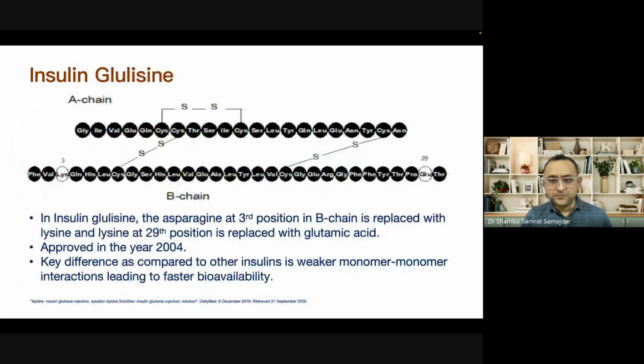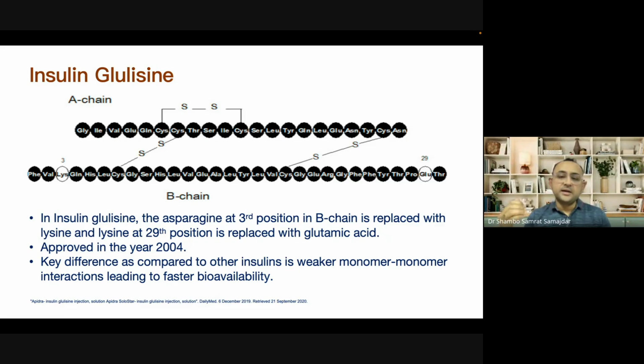It is safe during pregnancy. Coming to glulisine, the asparagine in the third position in the beta chain is replaced with lysine, and lysine at the 29th position is replaced with glutamic acid. That was the pharmaceutical change, and we got glulisine.